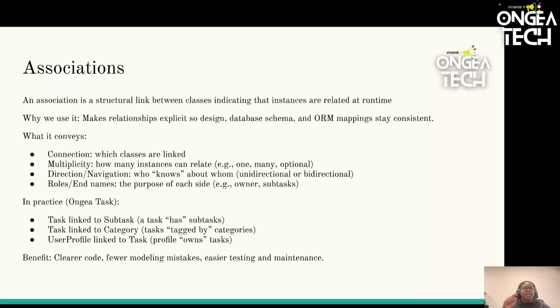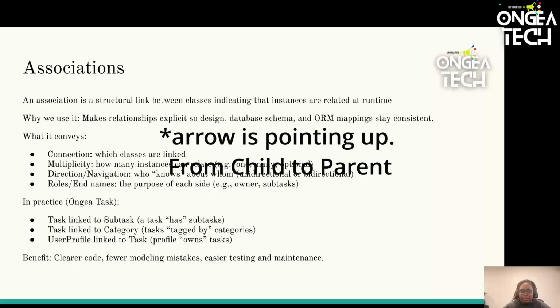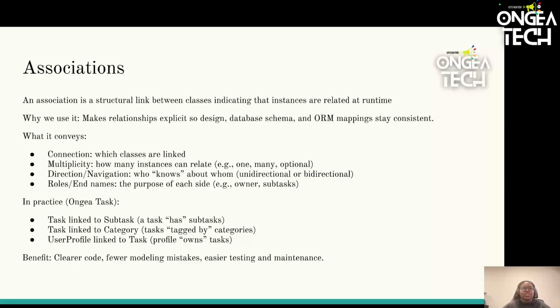You'll find an arrow going down, meaning, is it going down or up? I think it's up if it's inheritance. I can't remember, but I'll confirm that. But direction is very important because it shows us the flow of the relationship. So bidirectional just means it goes both ways, and unidirectional means it just goes one way.